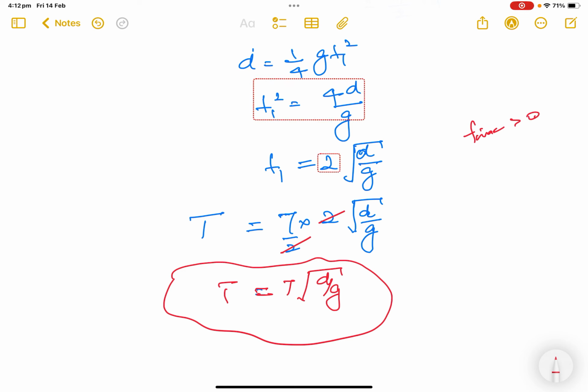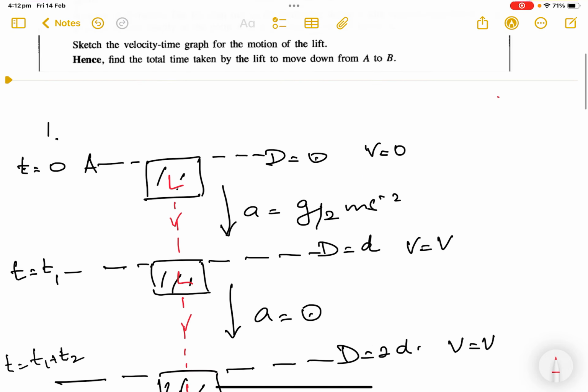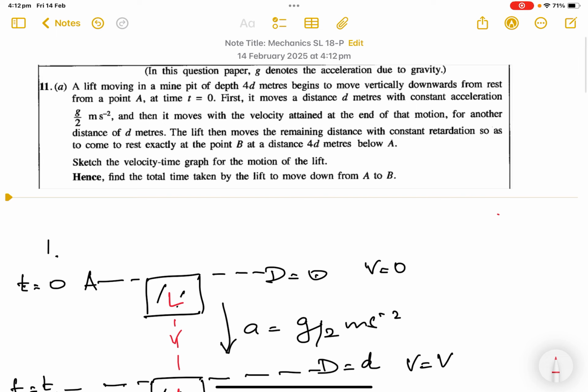So t1 equals 2 square root of d over g. So the total time is 7 over 2 times 2 square root of d over g. Then the 2s cancel out, giving 7 square root of d over g. That's the total time, which is what we have been asked to find.